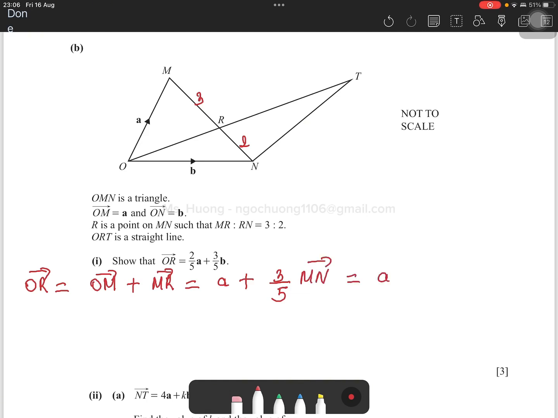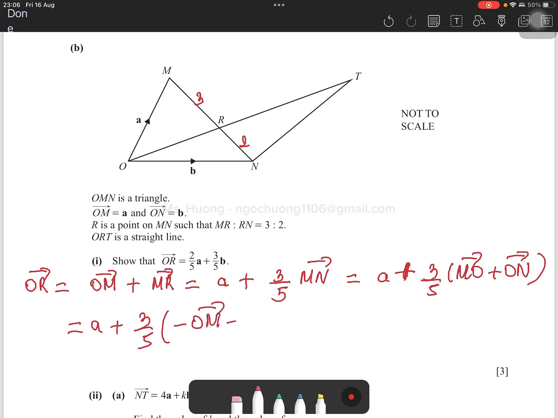And the vector MN is actually the vector MO plus the vector ON. So a plus 3/5 of the vector MO, which is the inverse of OM, plus the vector ON.